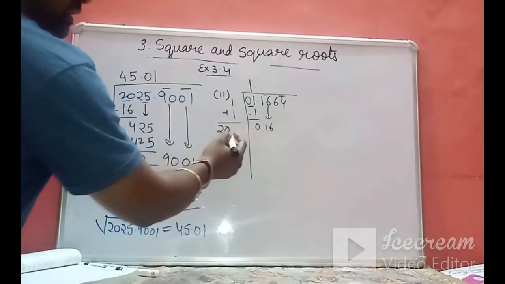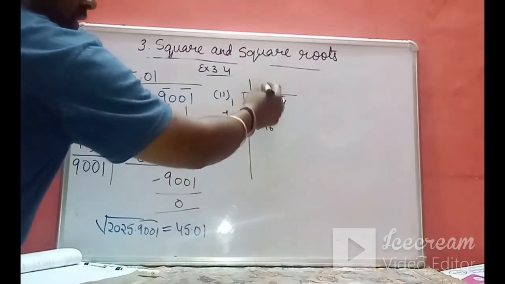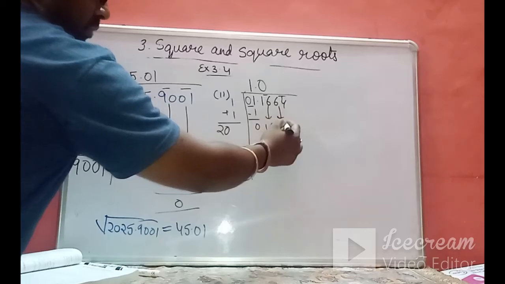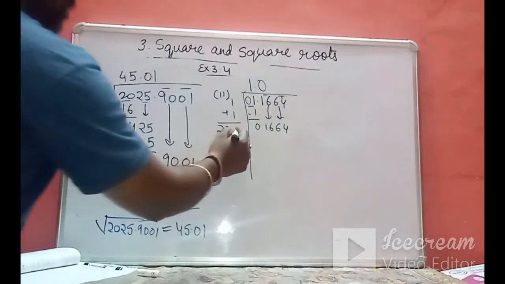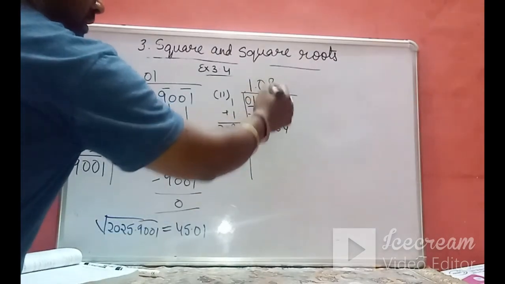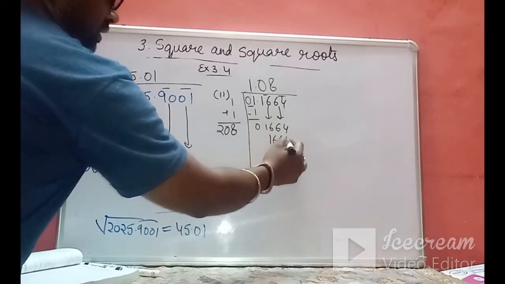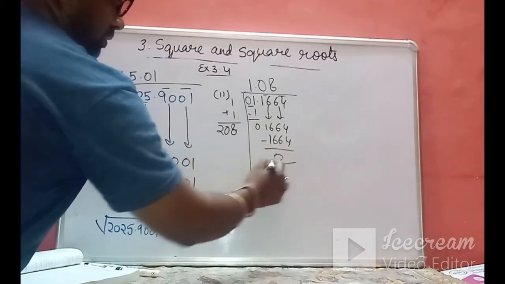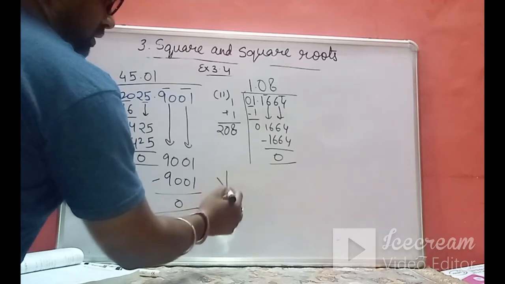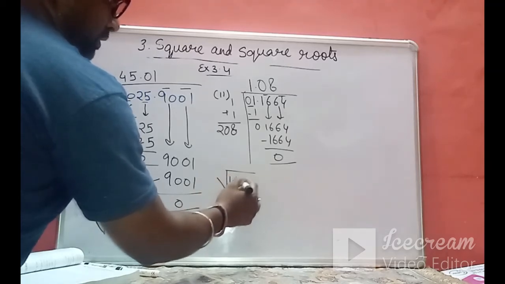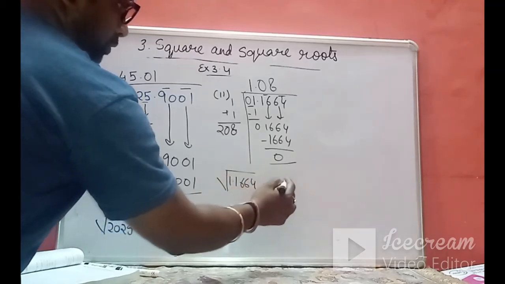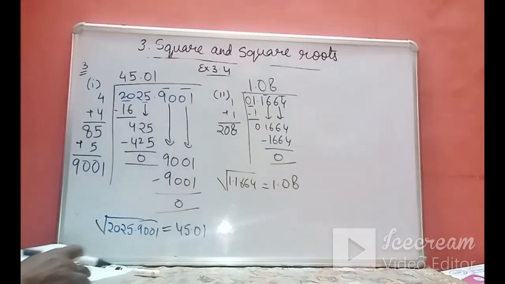Then this 16, so I put a 0 here, and this 64 will come down. Then this is 8, so this is 1664. So we can say that the square root of 1.1664 is 1.08.